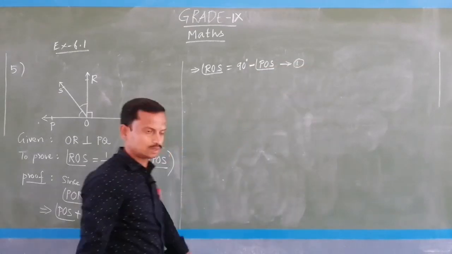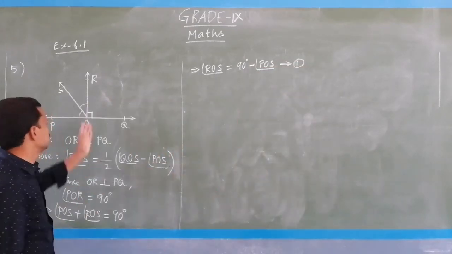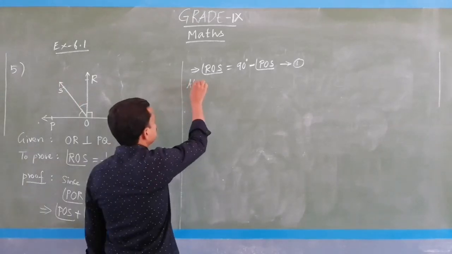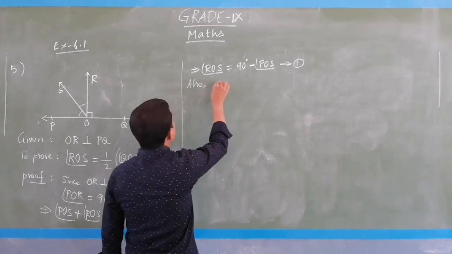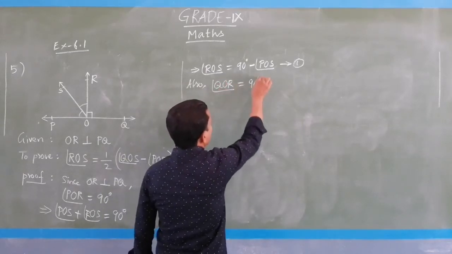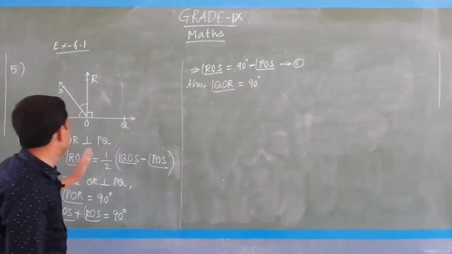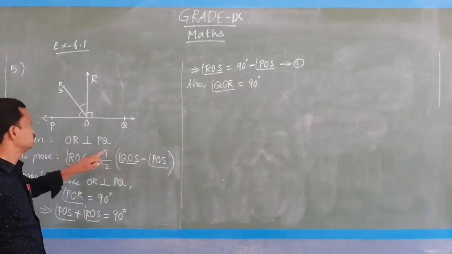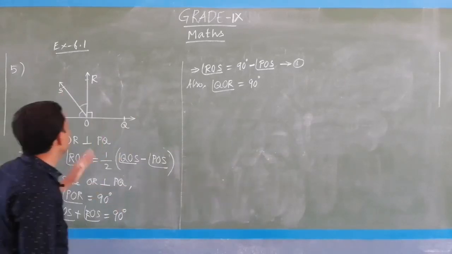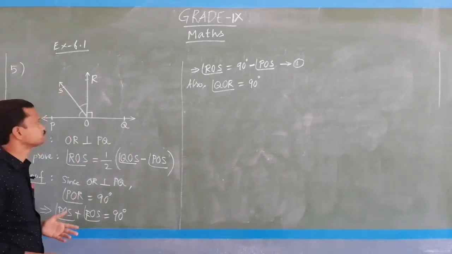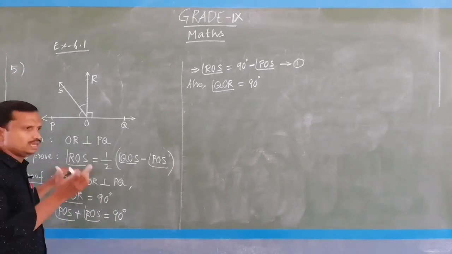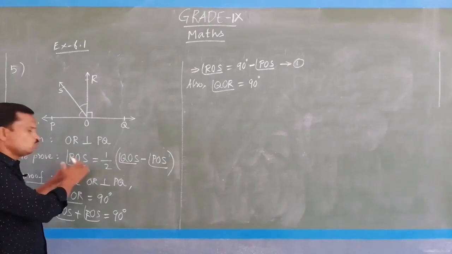And again coming to the next part, QOR is also 90 degree. That is given in the question itself, because OR is perpendicular to PQ, therefore QOR is 90 degree. Now this QOR we can split. In our splitting, ROS should exist.